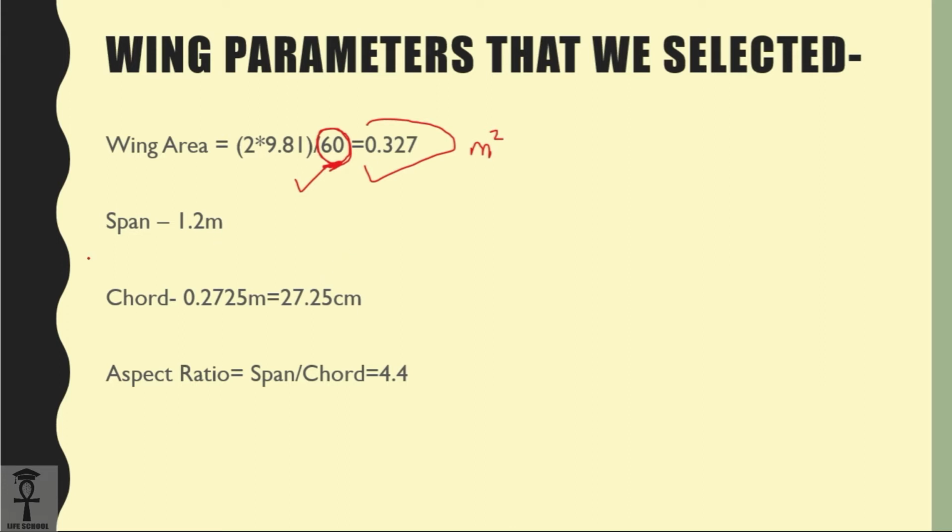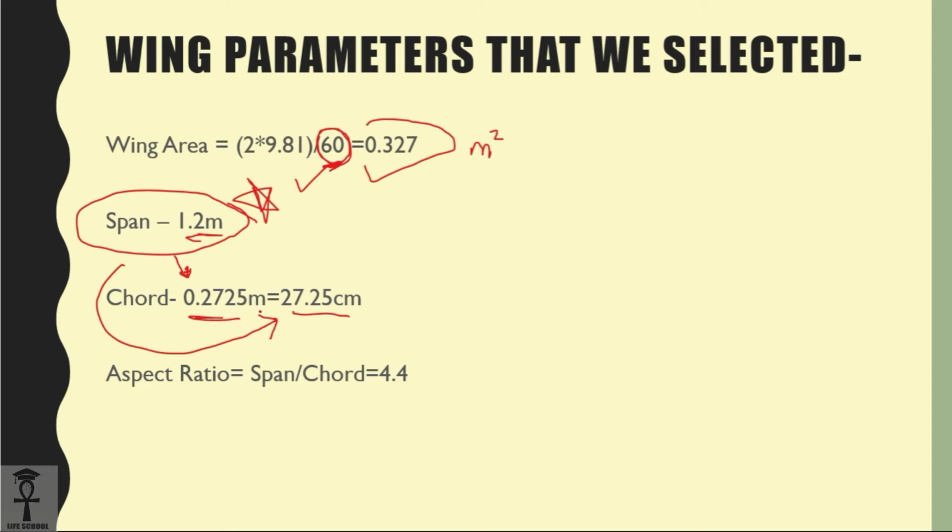Then I know the constraint for my span is 1.2 meters, so I have selected the span as 1.2 meters. From that I calculated my chord as 27.25 centimeters, that is 0.2725 meter.